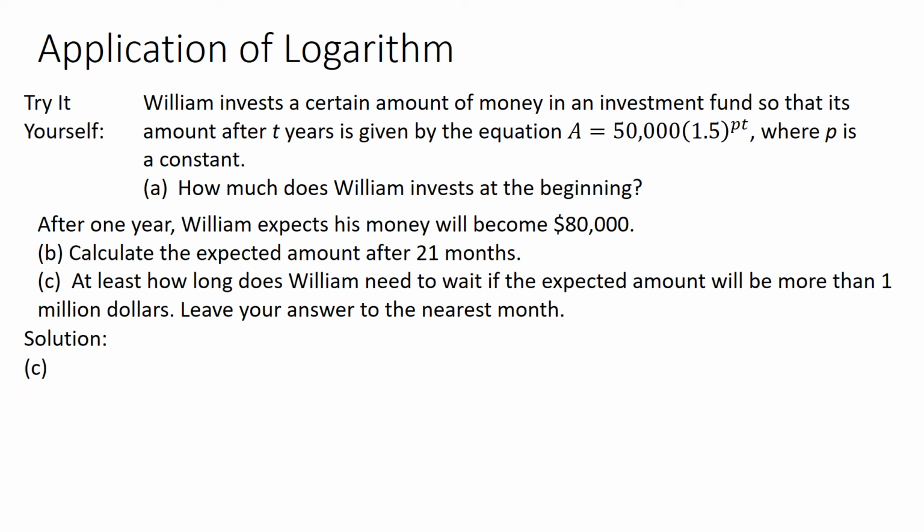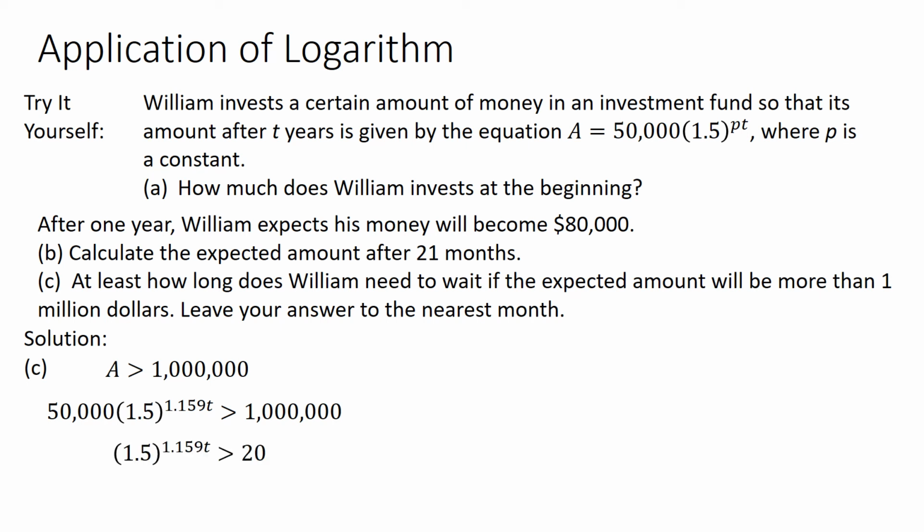So for C, okay, we can write the inequality here. A must be greater than $1 million. Now substitute the equation inside, which is 50,000 times 1.5 to the power 1.159t greater than 1 million. So 1.5 to the power 1.159t is greater than 20.